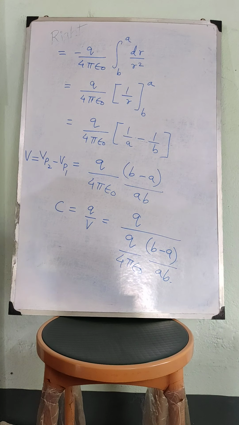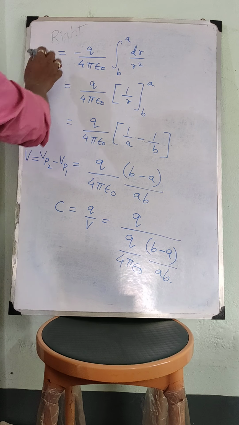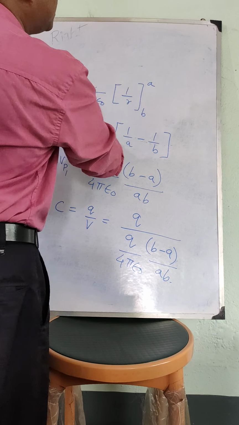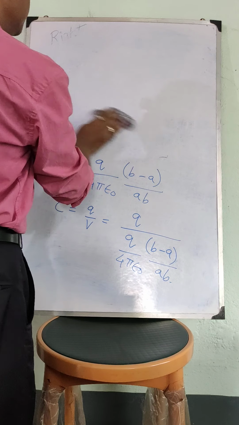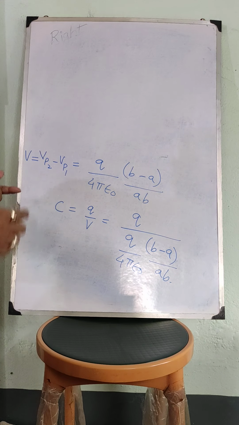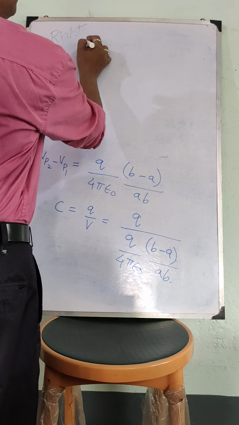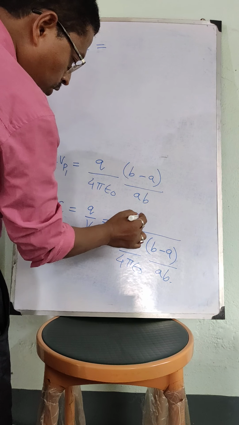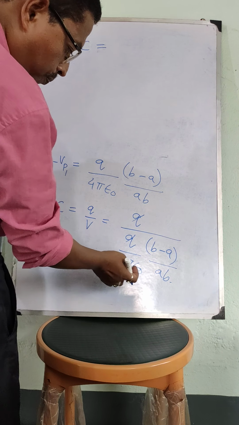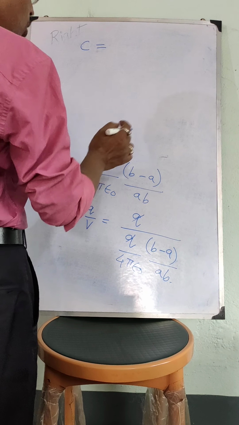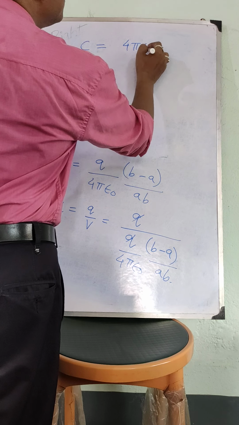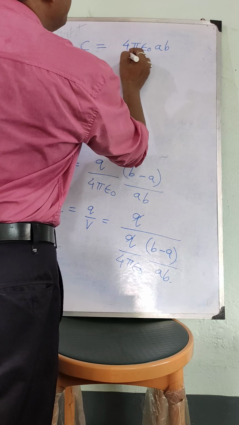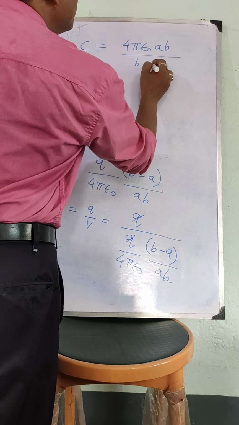The Q cancels, so the capacitance C is equal to 4 pi epsilon 0 ab divided by (b minus a), with 4 pi epsilon 0 ab going in the numerator.